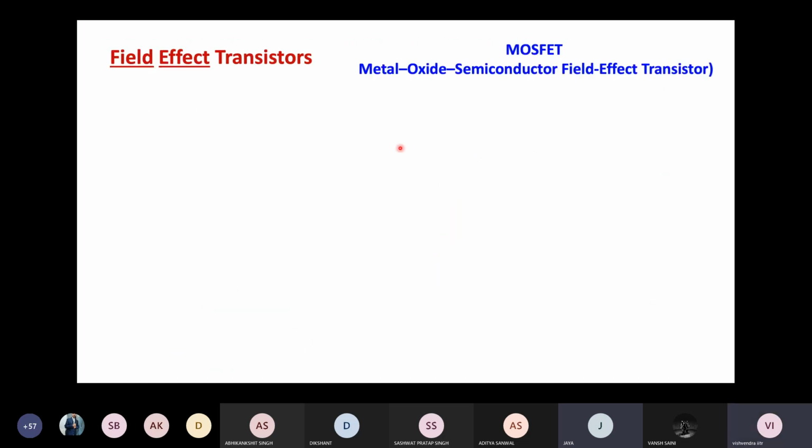So now we'll try to understand a more important transistor, which is known as the metal oxide semiconductor field effect transistor, or MOSFET. Nowadays, most of you would also know that MOSFETs have almost replaced BJTs in most electronic appliances. Only in high frequency and high power applications, at some places BJTs are used, but for all the normal applications, MOSFETs are used.